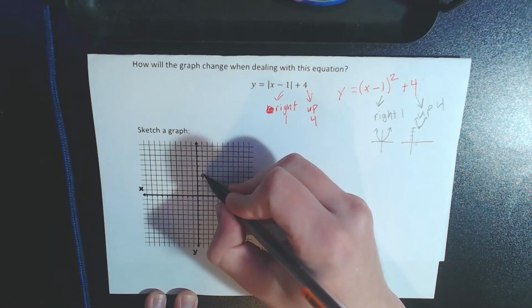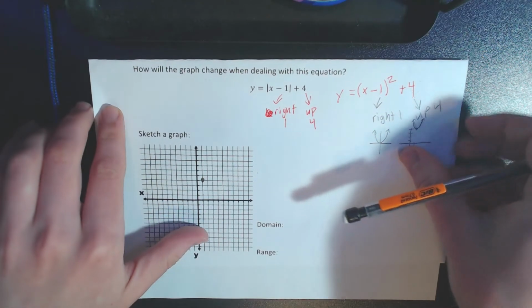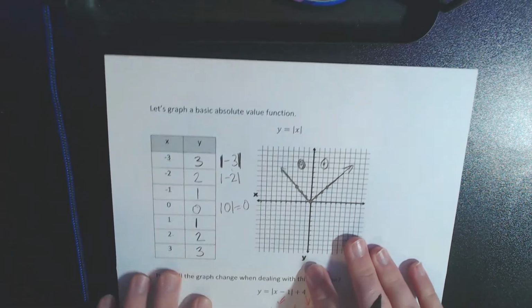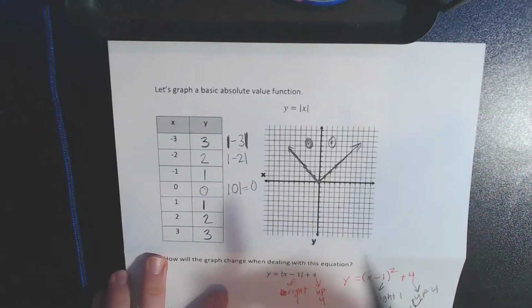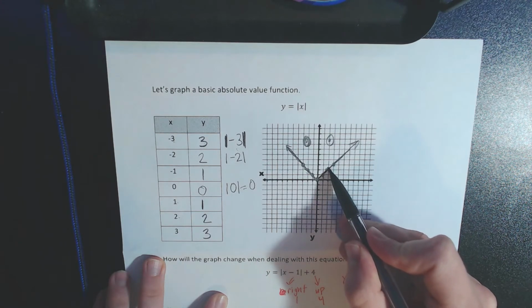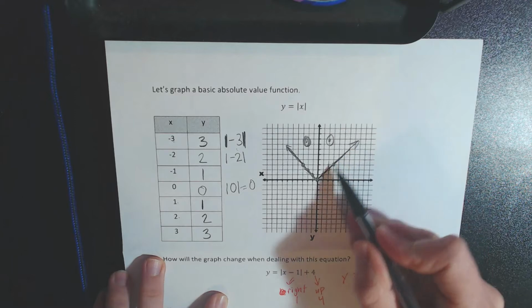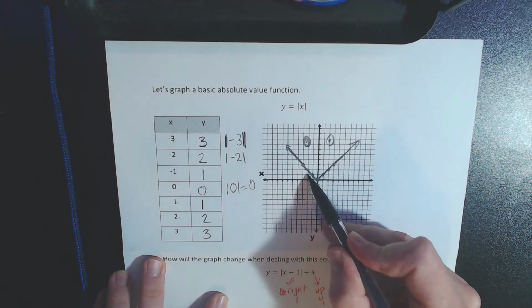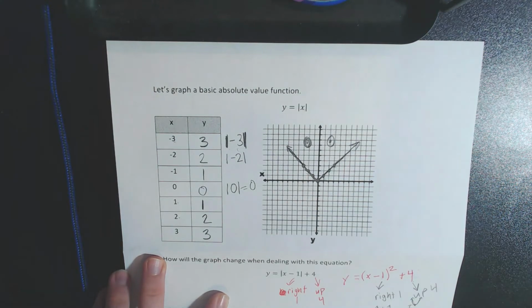If you remember, I can show that here real fast. If we remember what that looked like, it was a V and it was going up 1, over 1, up 1, over 1, over here. And then it was doing the opposite over here, going down 1, over 1, down 1, over 1, okay?